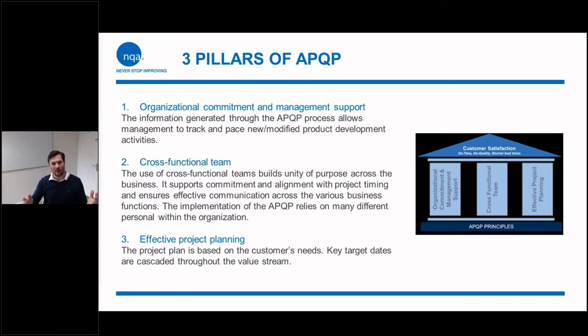So if you are going to roll out APQP fully across the entire organization, you've got to think about who needs the training, who needs to run with this, who needs to get involved in these project teams. A bit like Six Sigma or 5S, where you get different members of the organization getting involved, you get little project champions, things like that. It follows a similar principle.